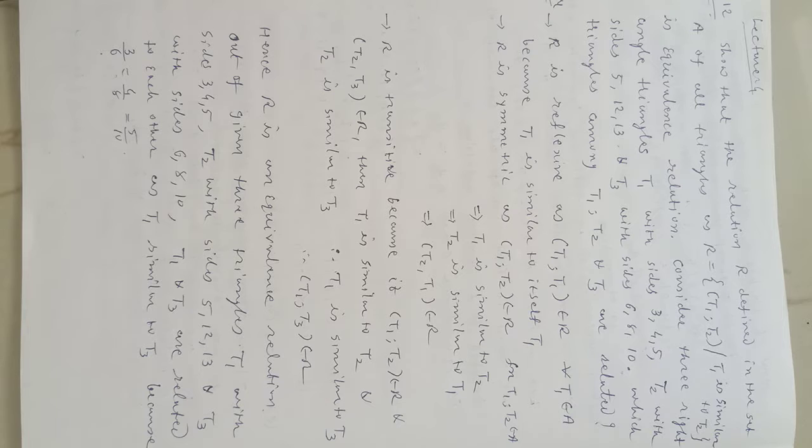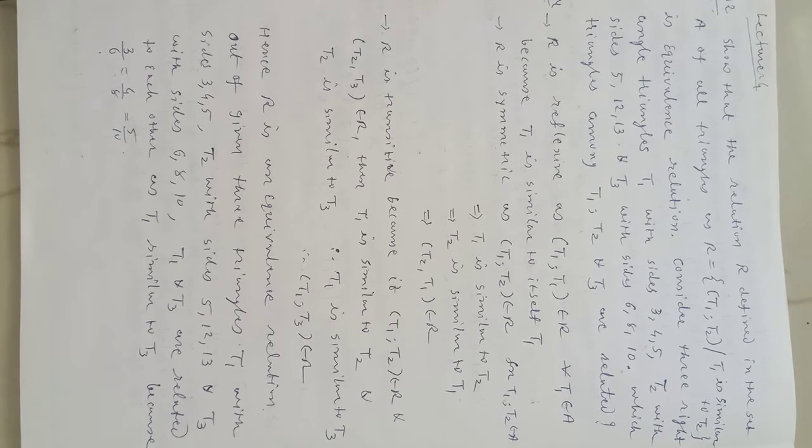Now another example 12 is also very important. See the statement: show that the relation R defined in the set A of all triangles as R equal to {(T1, T2) : T1 is similar to T2} is an equivalence relation.